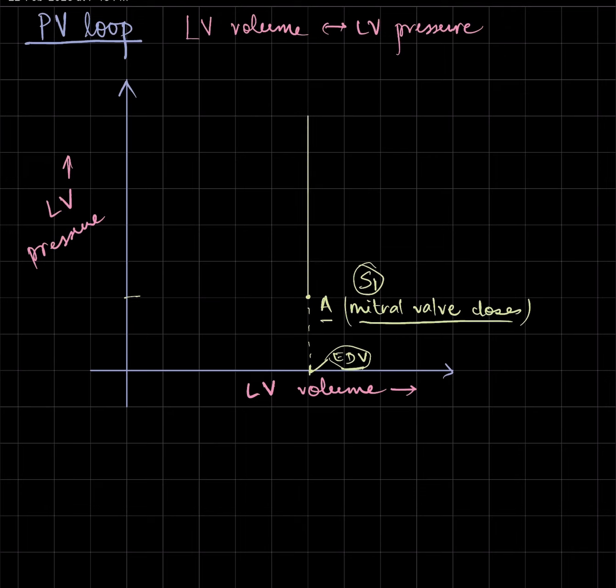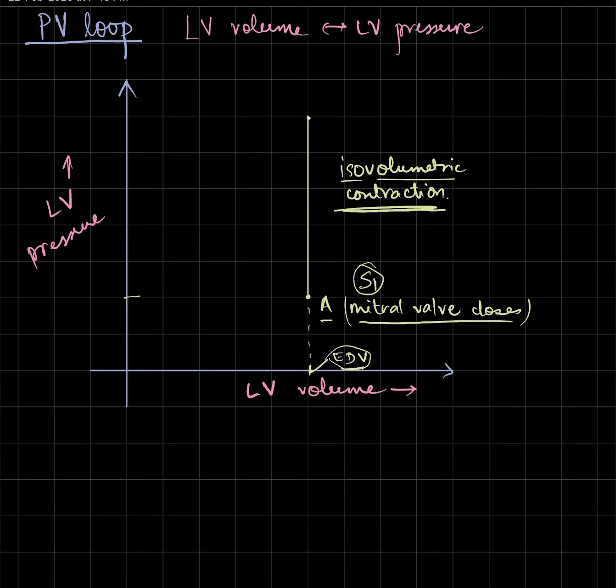As you can see on the y-axis, which represents pressure, the pressure is increasing, but the volume is staying the same, because there's no way out or in for the blood. This phase is what we label as isovolumetric contraction. Isovolumetric means the volume is the same, and the left ventricle is contracting.